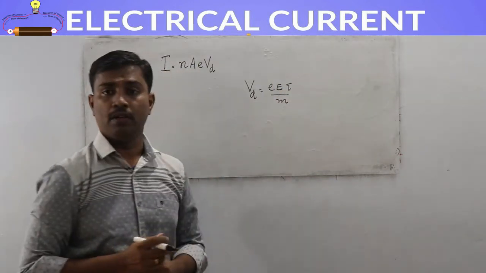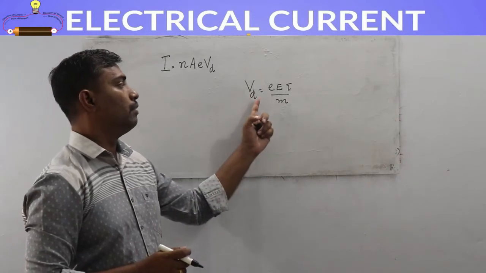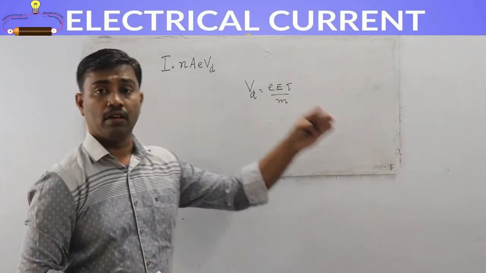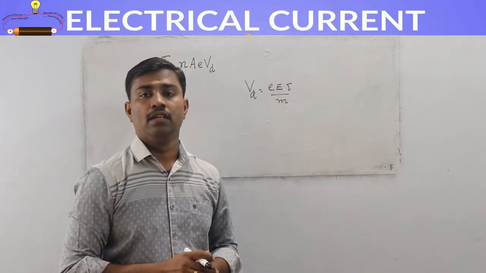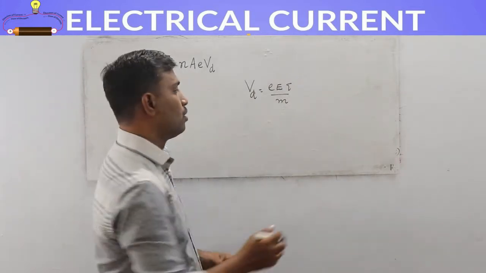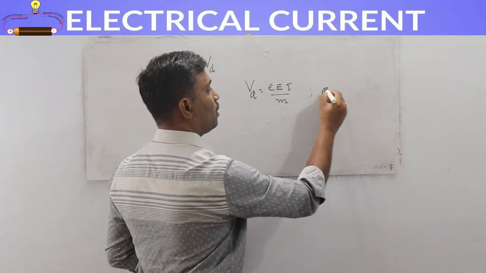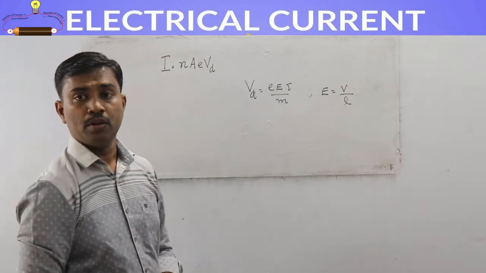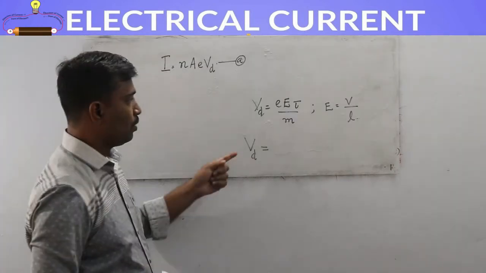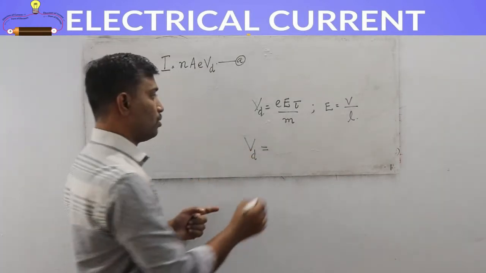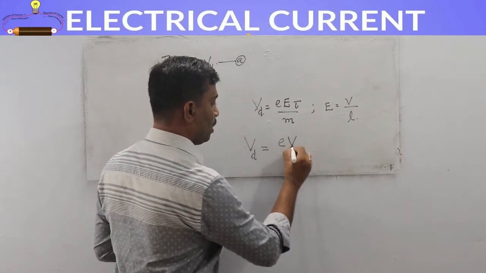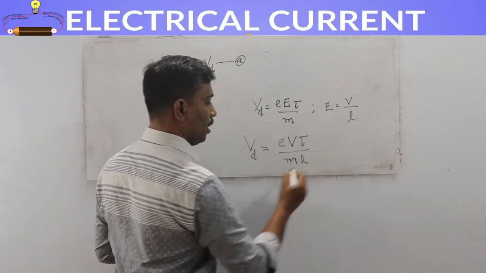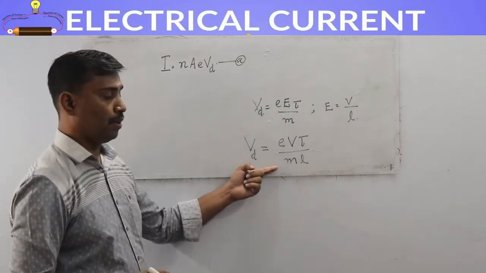Here the length of the conductor is L and V is the potential. So we can write the electric field E is equal to V by L. So Vd is equal to eV tau by mL. So this is the drift velocity.